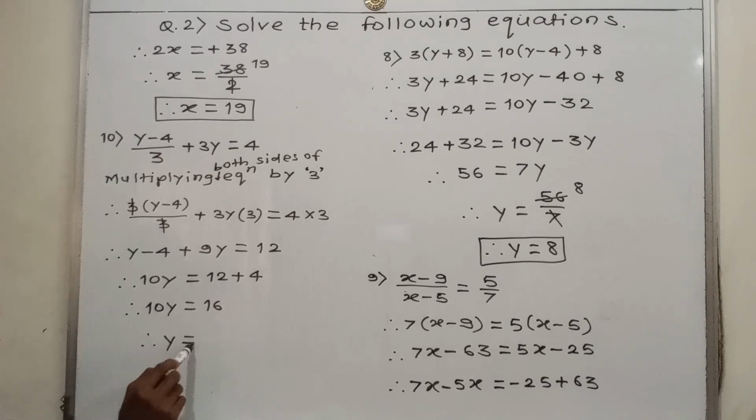Therefore, y is equal to 16 upon 10. 2 fives, 2 eights. Therefore, y is equal to 8 upon 5. 8 upon 5. Write this.